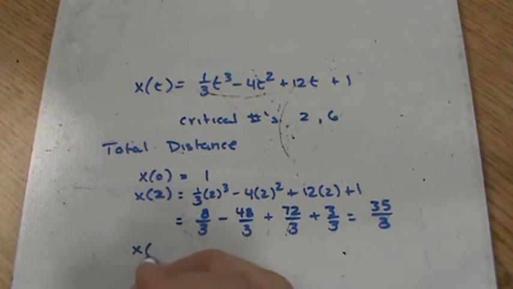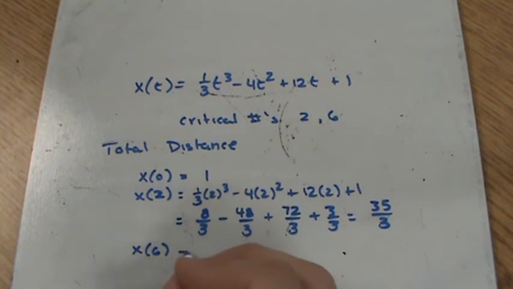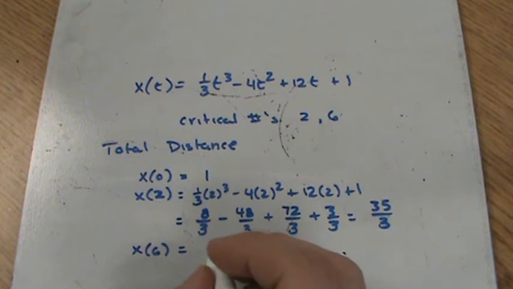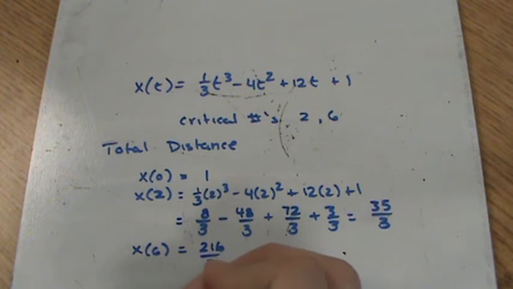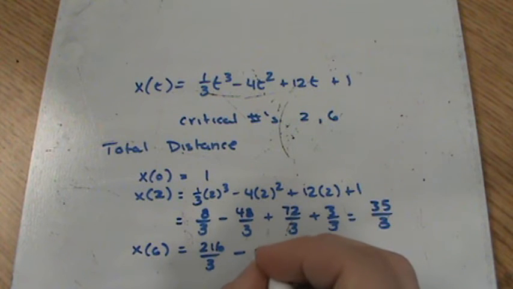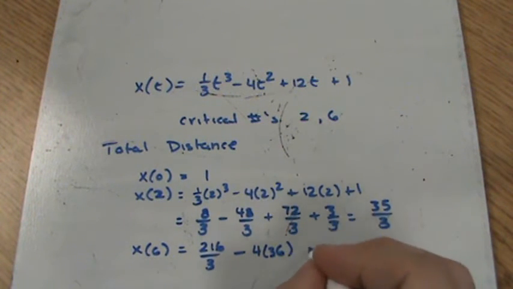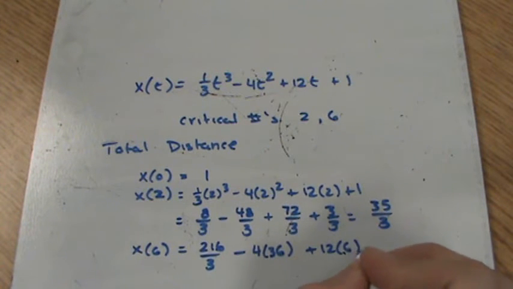Now let's find out x of 6. So if I put 6 in there, I get 6 cubed is 216 over 3 minus 4 times 36 plus 12 times 6 plus 1.